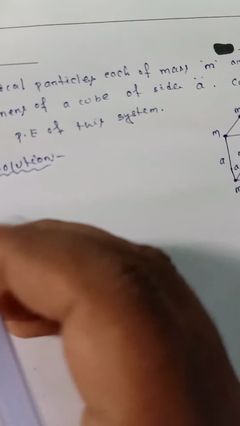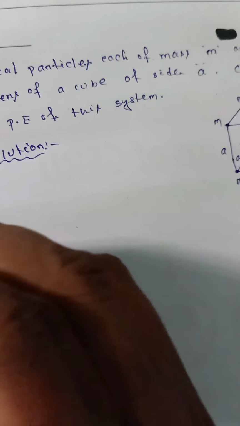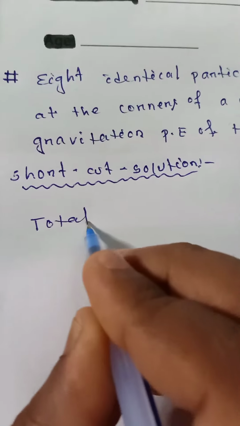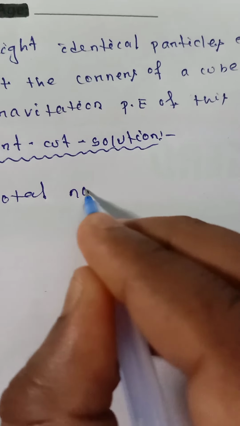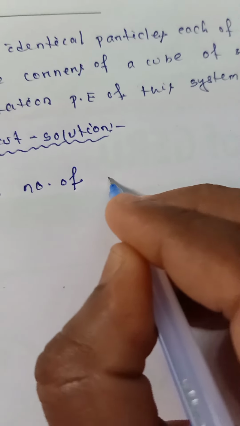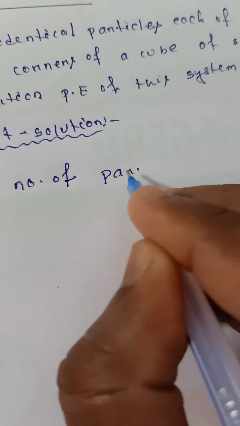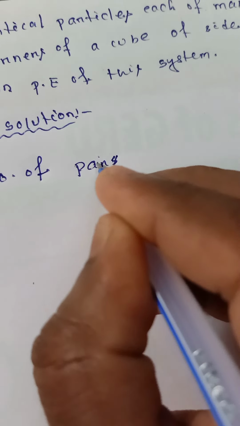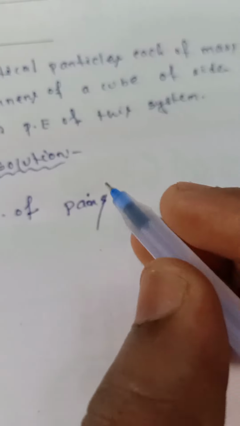First, calculate the total number of pairs.